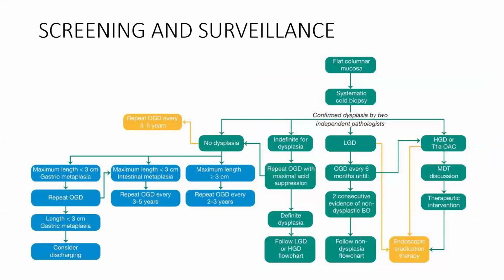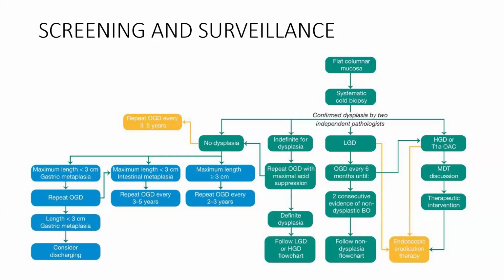The prognosis of Barrett's esophagus largely depends on the degree of dysplasia present at the time of diagnosis and the effectiveness of surveillance and treatment strategies. Early detection and regular surveillance, along with timely endoscopic or surgical intervention, can improve the prognosis by preventing the progression to esophageal adenocarcinoma.